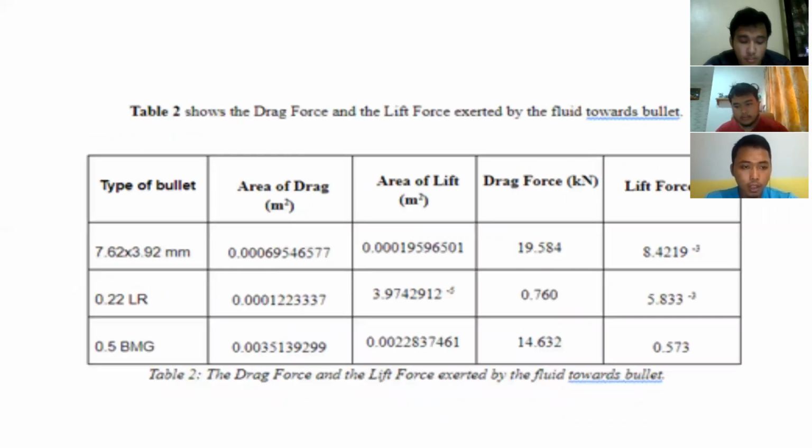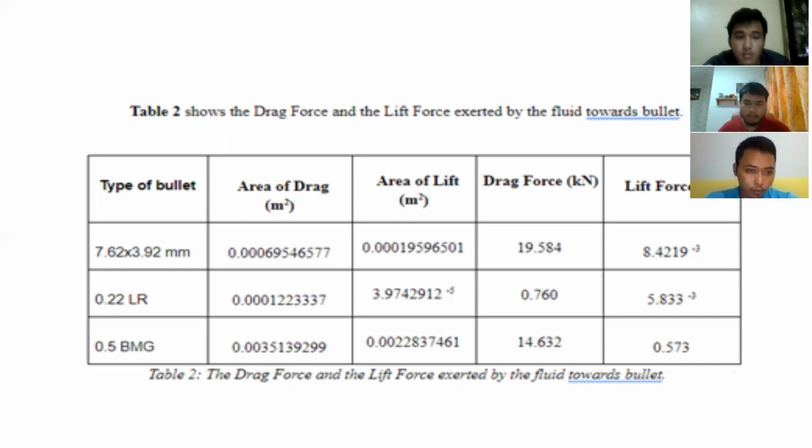Table 2 shows the drag force and the lift force exerted by the fluid on the bullet. For each type of bullet, we can calculate the total drag force and the total lift force by using the coefficients that we obtained in table 1.